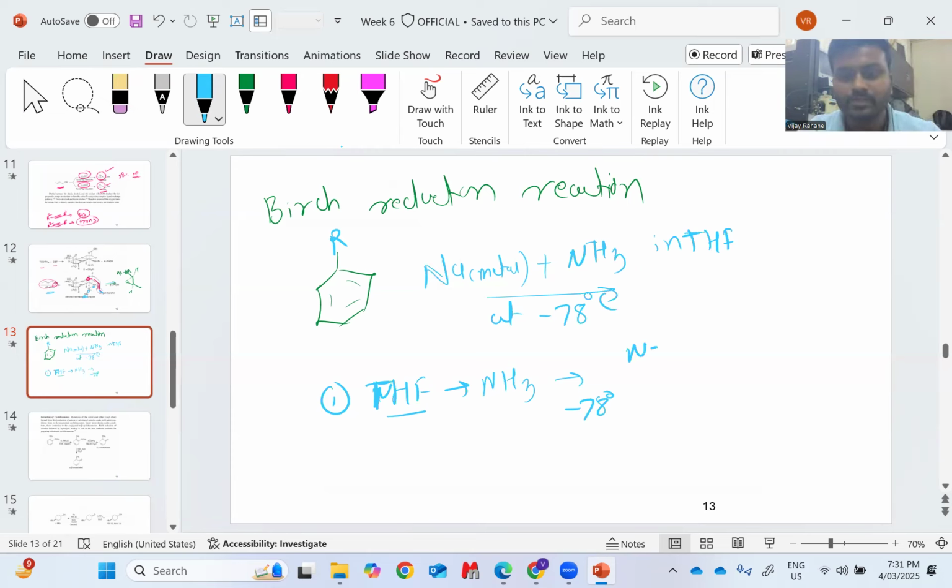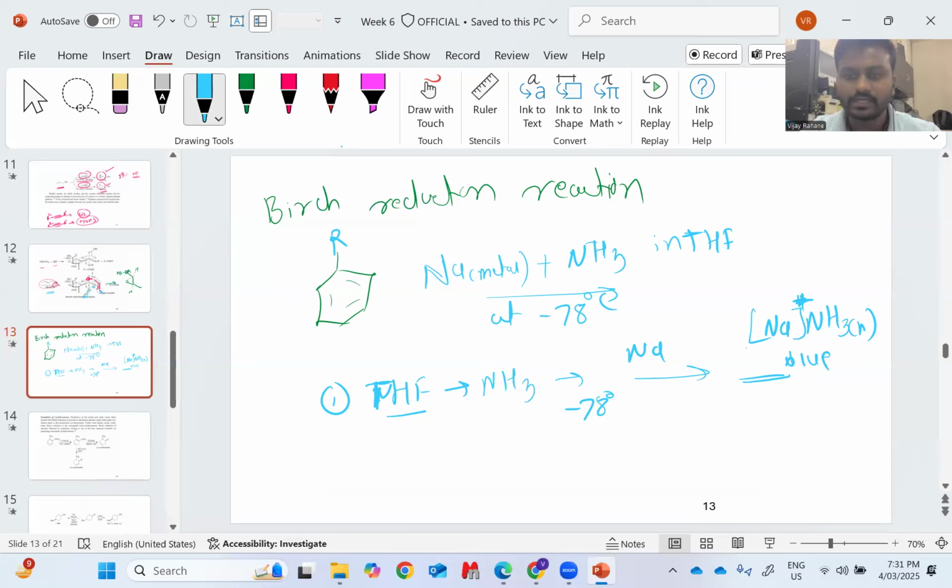And further we add the sodium metal. After addition of sodium metal, the solution gets blue. Sodium gives up electrons and it forms a blue colored solution. And after that we need to add the benzene, sorry, the aromatic compound.